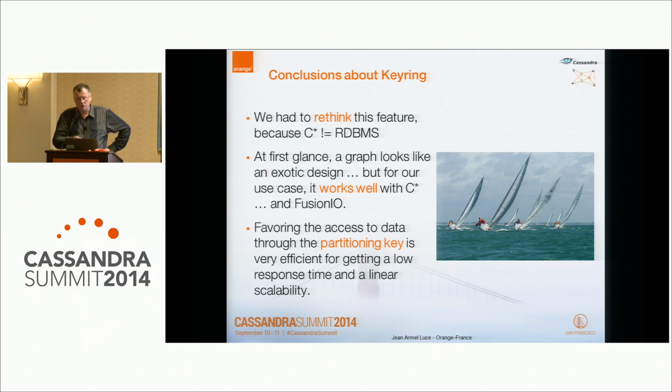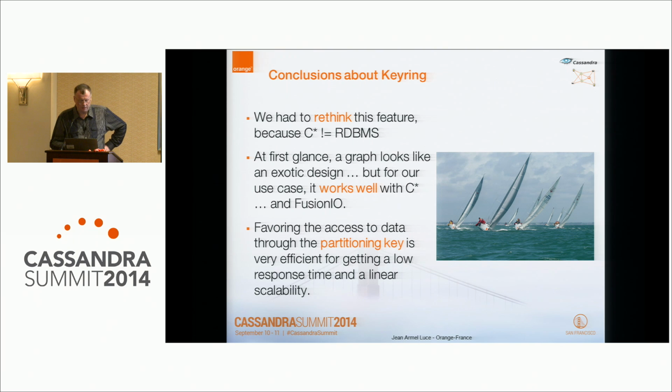So my conclusion about this component is that Cassandra works very differently than a relational database. Probably the design that we were using with relational databases with a lot of secondary indexes could work, but here I think it was not the best design.